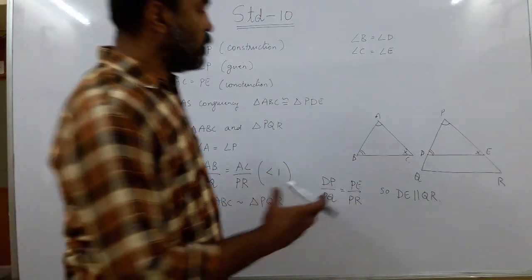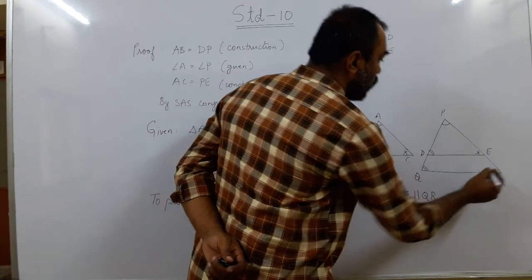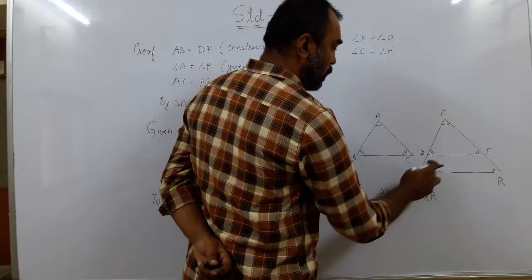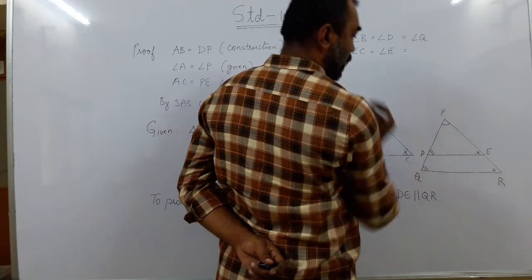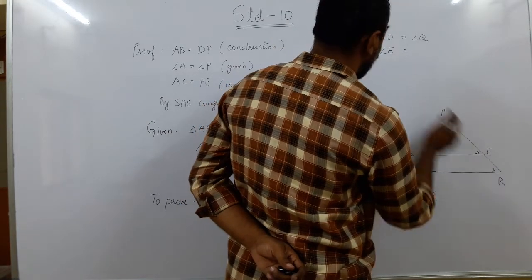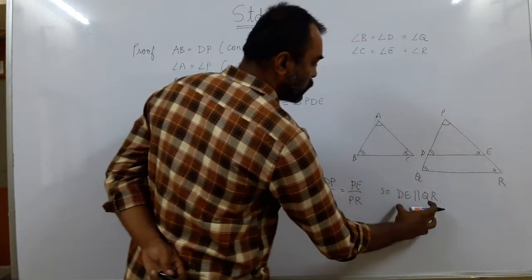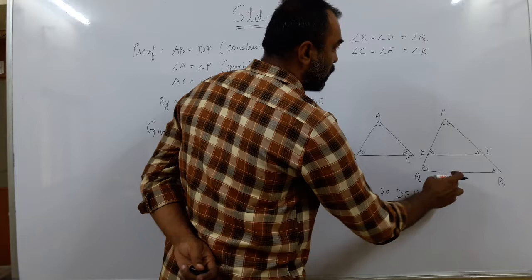But if the lines are parallel, the corresponding angles have to be equal. So angle D is equal to angle Q and angle E is equal to angle R. Why? Because we showed that the lines are parallel. If the lines are parallel, the corresponding angles are equal.